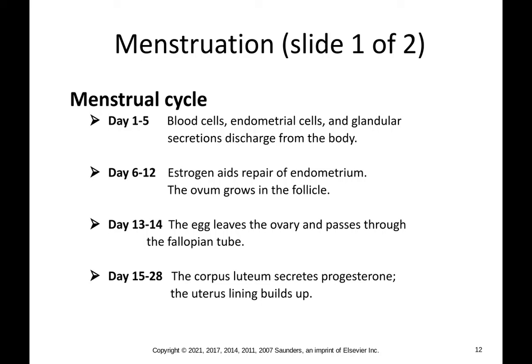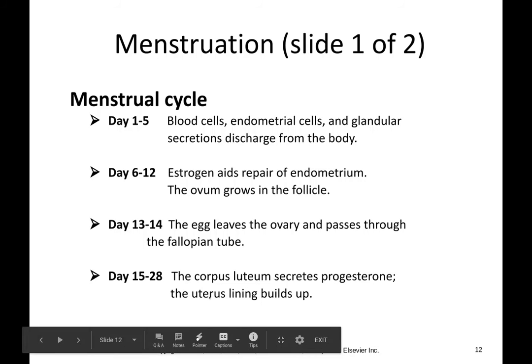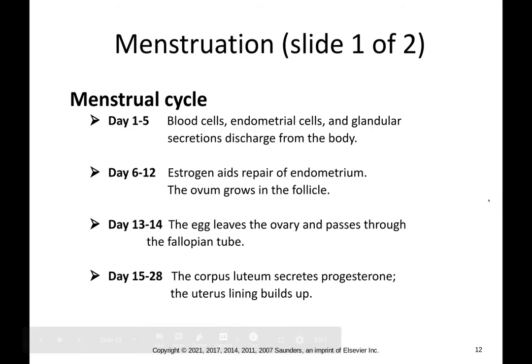And then day 15 to 28, the corpus luteum secretes progesterone and the uterus lining builds up again. Now, if fertilization occurs, then pregnancy occurs, and this process will halt. But if there's no fertilization, then it begins again after the uterine lining has built up, to go back to day 1, where they begin to discharge from the body.